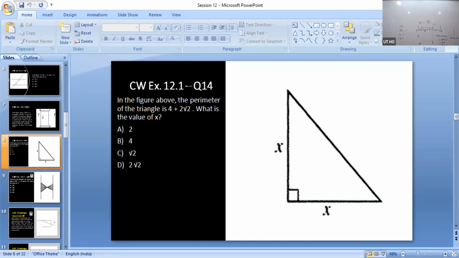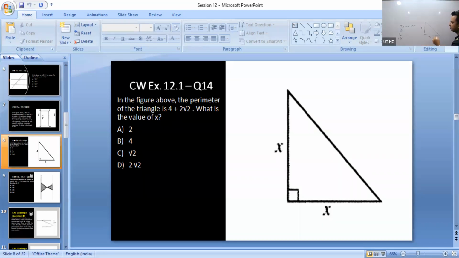Shan is saying A. A. Okay, so I got 2 votes for A. Sir, A. Option A. A. Yes, sir. So this is X, this is X.